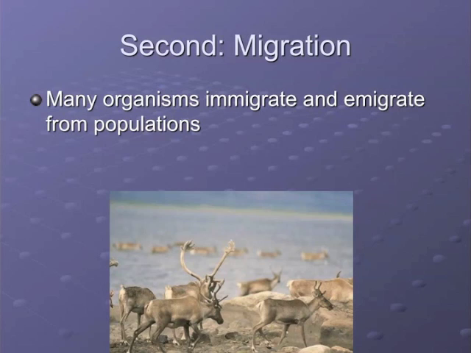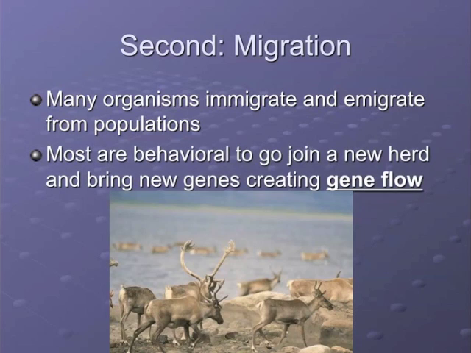So this migration just occurs all the time, and therefore the gene pool cannot stay constant, because if somebody leaves, they take their genes with them. So your allele frequency is changed. And this is known as gene flow, where your genes flow from one place to another. This causes the allele frequencies to change in various populations, and therefore the Hardy-Weinberg model to not work.